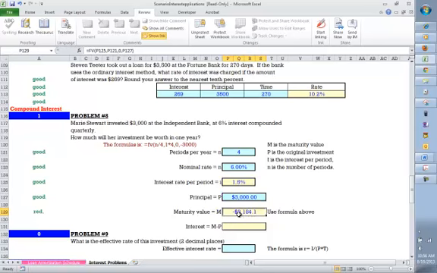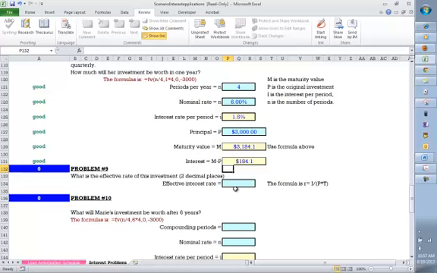If it's in red, we have to make it come out to be negative principal, $3,184. So the interest will be the maturity value, subtract the principal, and you get $184.10. Use the formula.